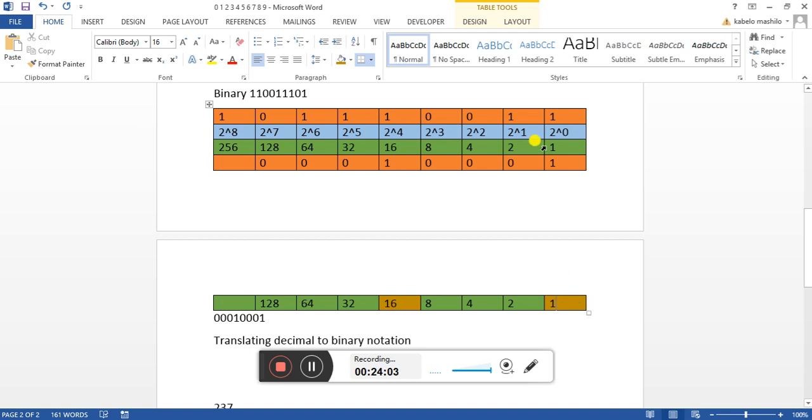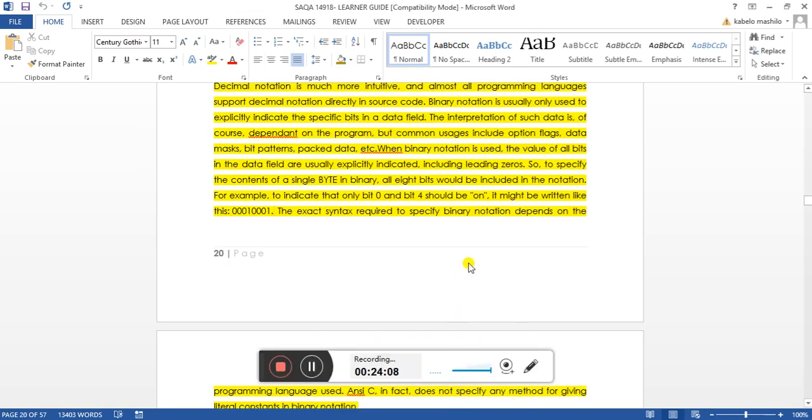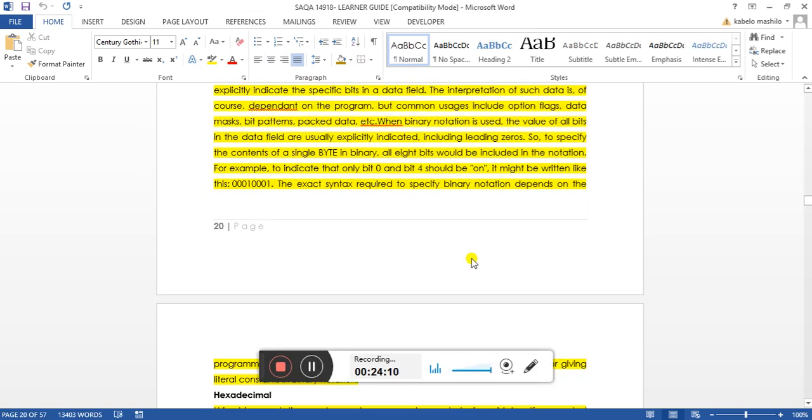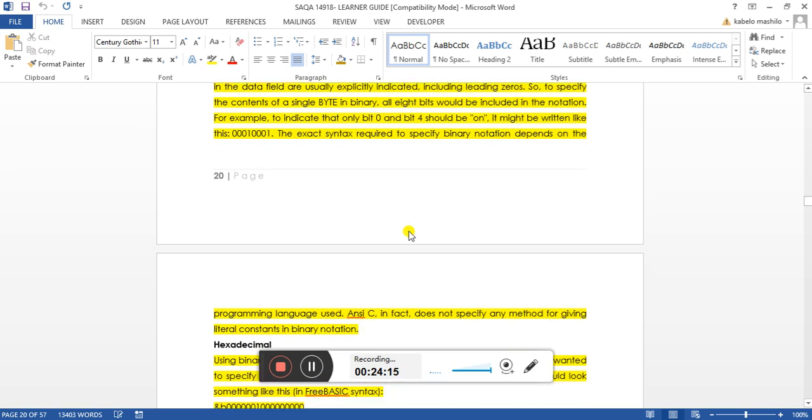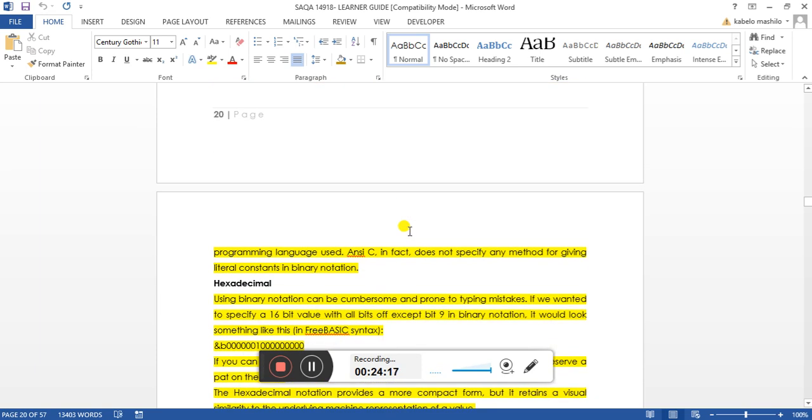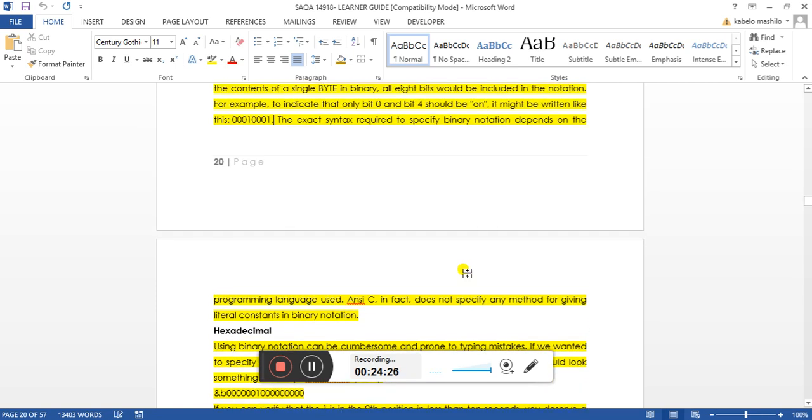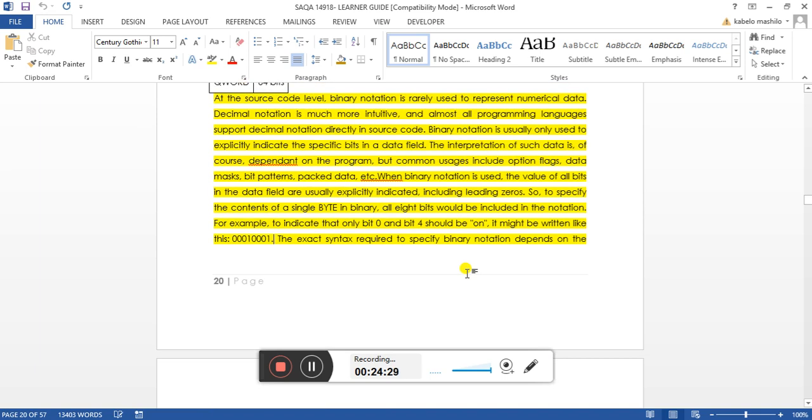So now let's go back to our learner guide. The exact syntax required to specify the binary notation depends on the programming language used. ANSI C, in fact, does not specify any method for giving literal constants in binary notation. I hope, guys, you have a brief understanding of binary.